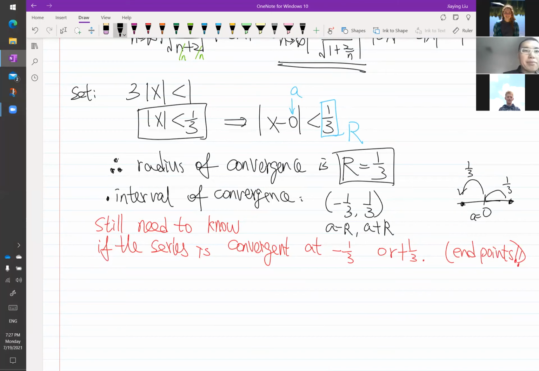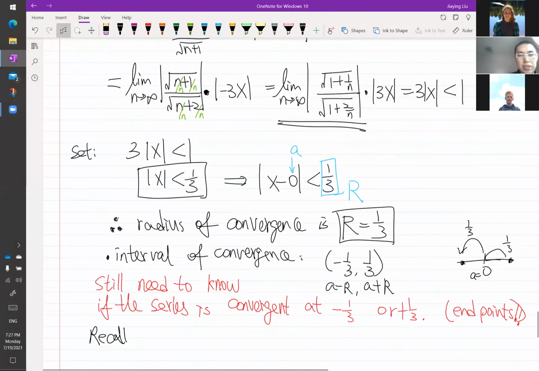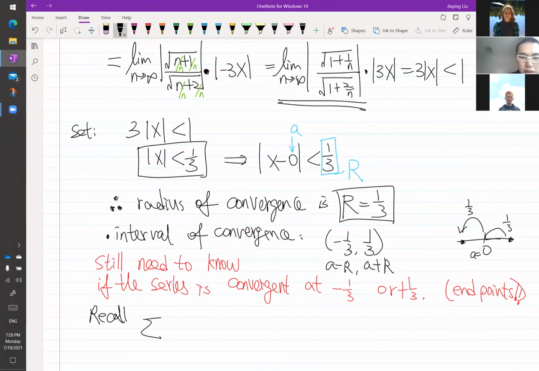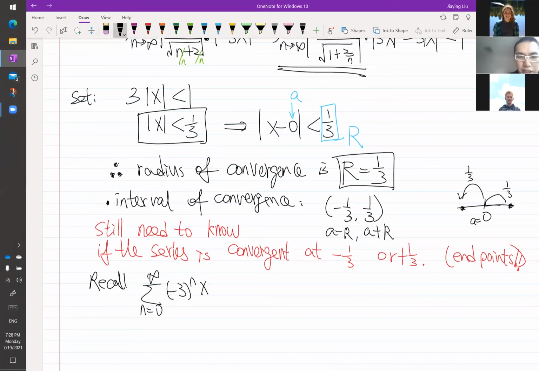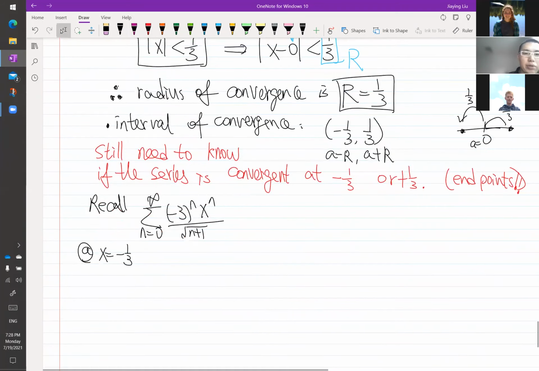So let's test them. To recall, the series that we're given is, let me write down, -3 to the n times x to the n divided by the square root of n plus 1. We want to know if it's convergent when x equals negative 1/3. So at x equals negative 1/3, we plug it in.